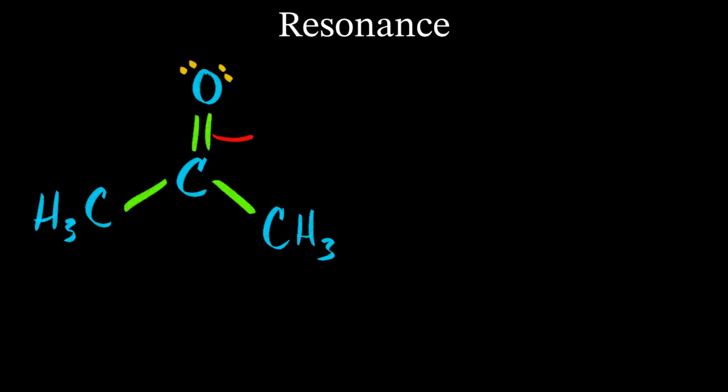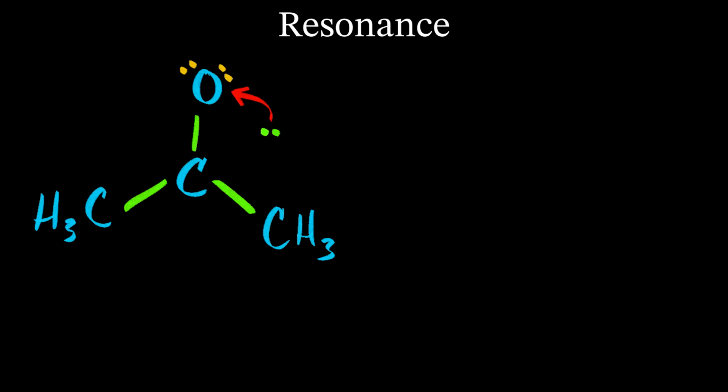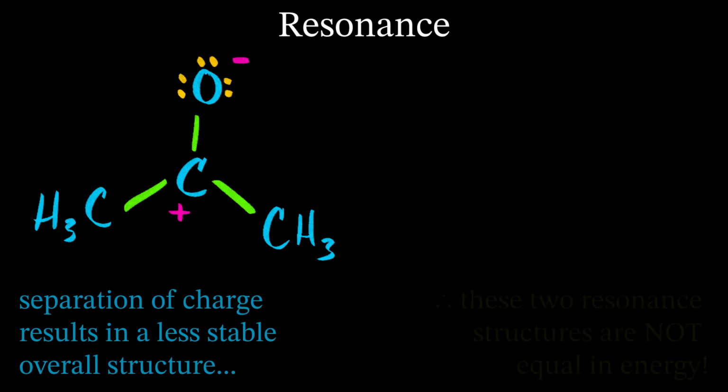Let's look at acetone for a quick example of this. Here we have a carbon-oxygen double bond, but through resonance, I could take the pi electrons in this bond and move them onto the oxygen. I could localize them onto that oxygen. Here now we have a separation of charge, so we have a positive formal charge for the carbon and a negative formal charge on the oxygen.